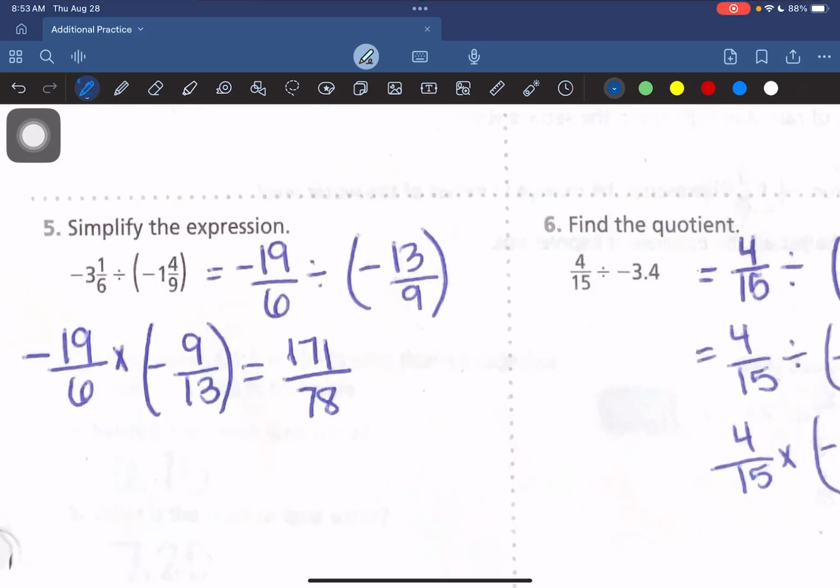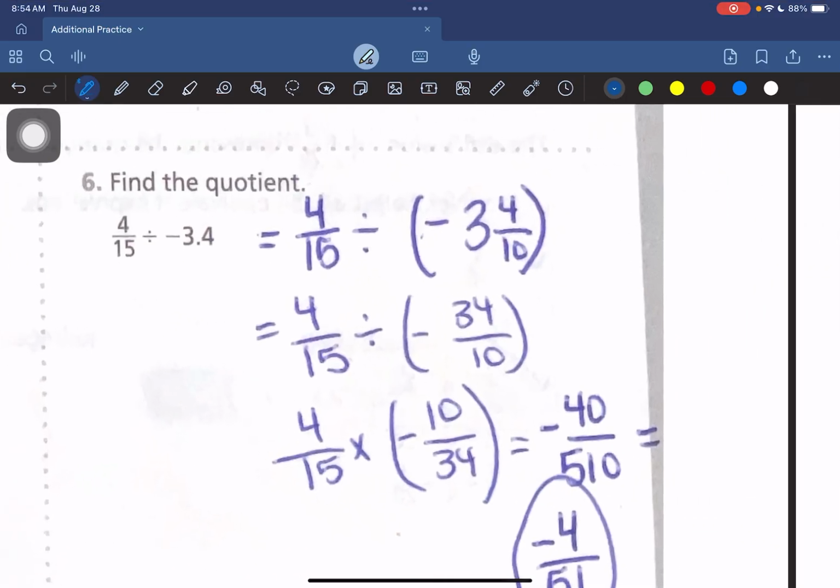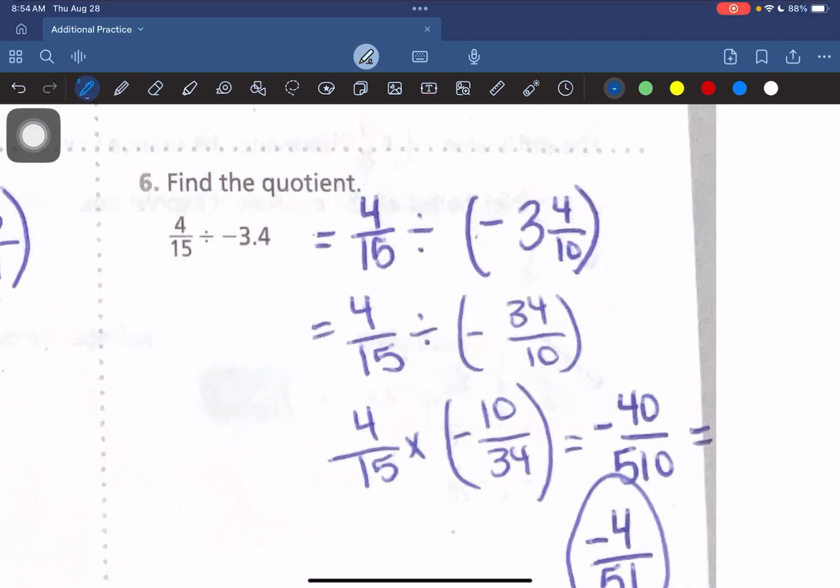Number 5, after we keep, change, and flip to the reciprocal, our answer is 171/78. We have left that one as an improper fraction just to show you that it is not always bad to have an improper fraction as your answer. Number 8, we have 4/15 divided by negative 3/4. Remember, negative 3 4/10, because 4 is in the tenths place, is just this fraction.